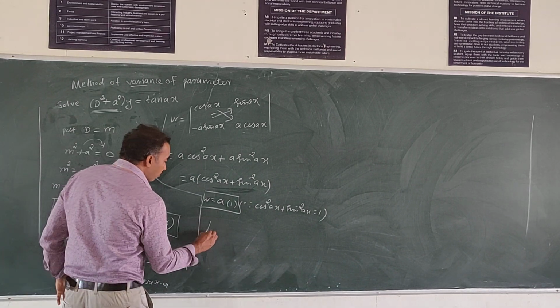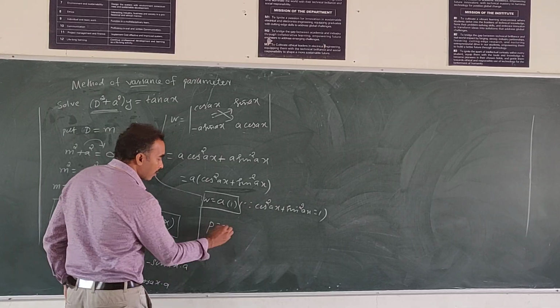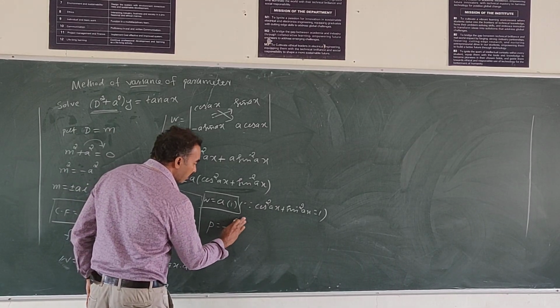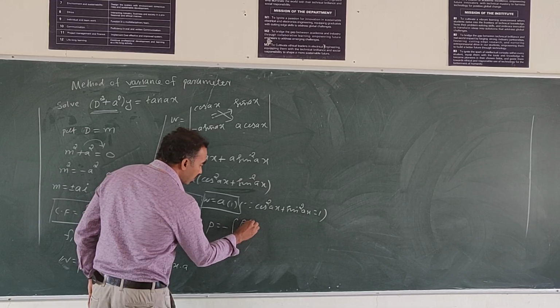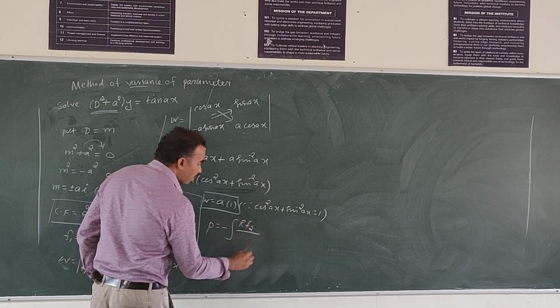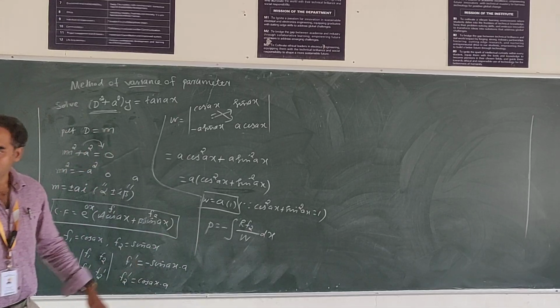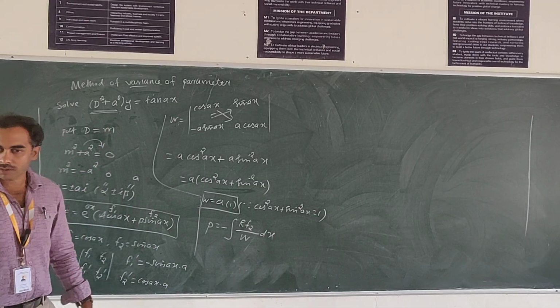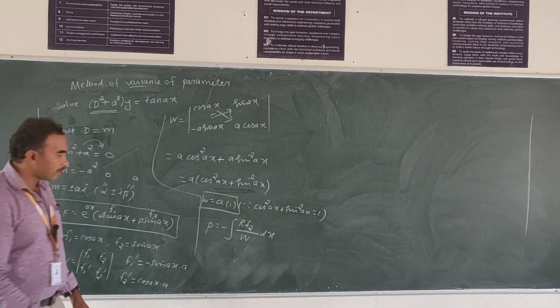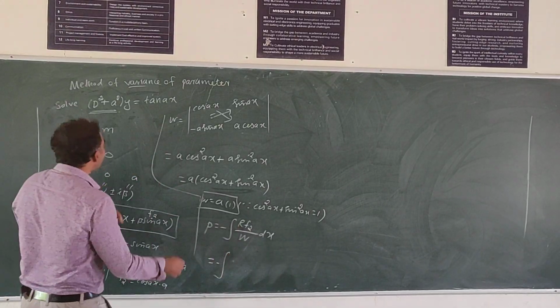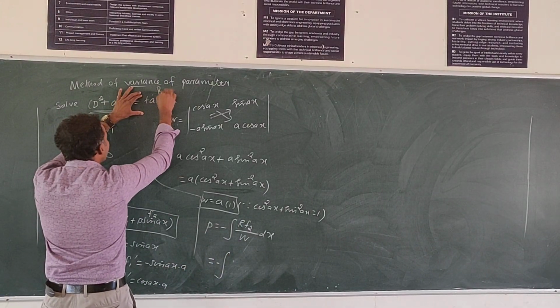The formula to calculate P is minus integral R f2 divided by W into dx. Already I have given the formula. What is R? R means right-hand side.